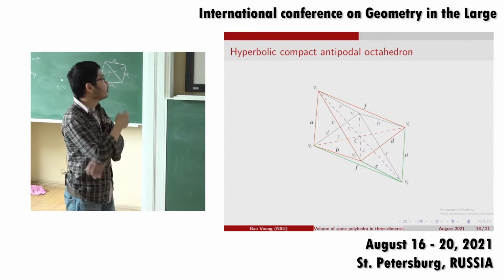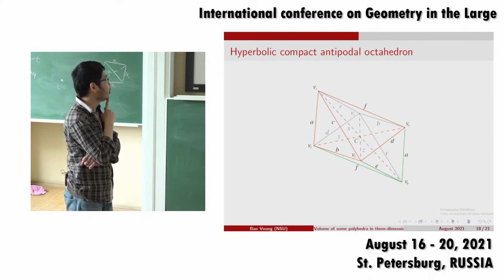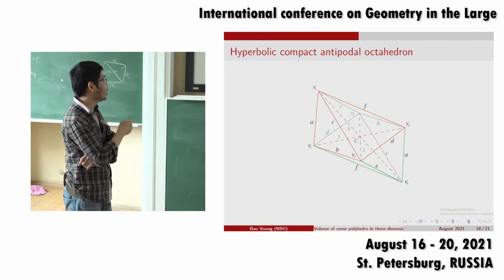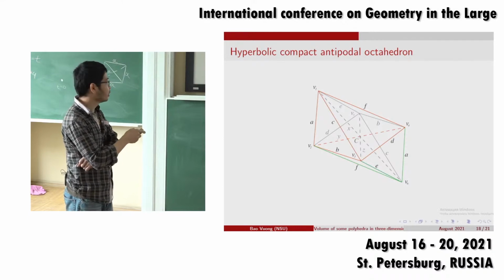Now, to define the hyperbolic compact antipodal octahedron, we have to define some kind of pyramid. If we have a pyramid V1, V2, V3, V4, V5, we can define the antipodal octahedron that is symmetric with respect to the point C here.